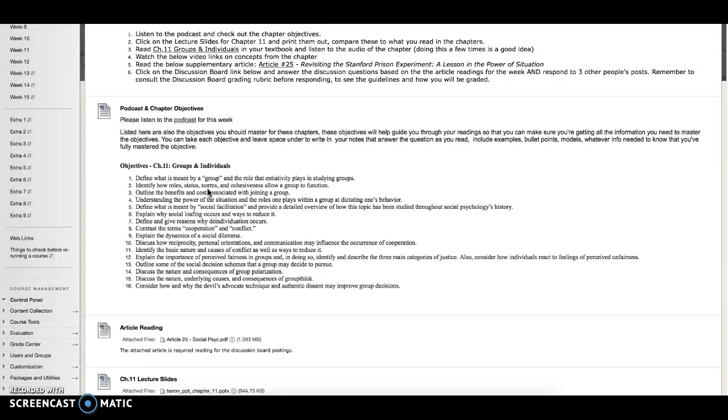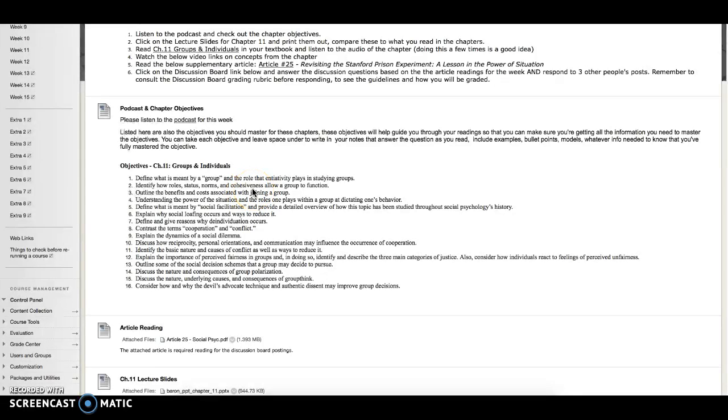So here we're getting into a little bit of the chapters that we just covered when we took a look at social influence back in, what was that, chapter 8. We looked at social influence and the ways in which we conform, we obey, the pressures that we feel, and why we would want to be cohesive as a group.